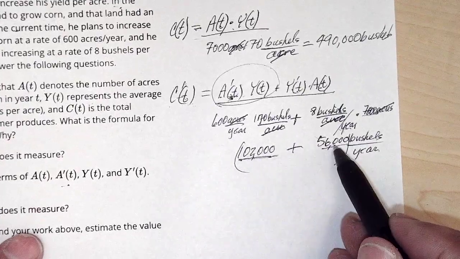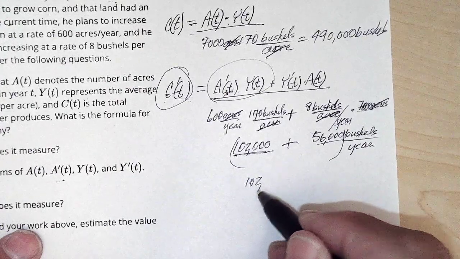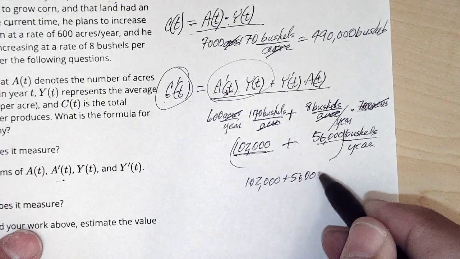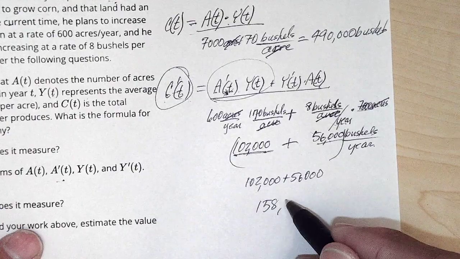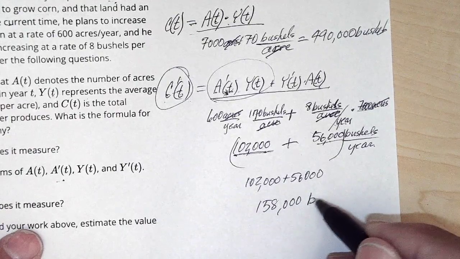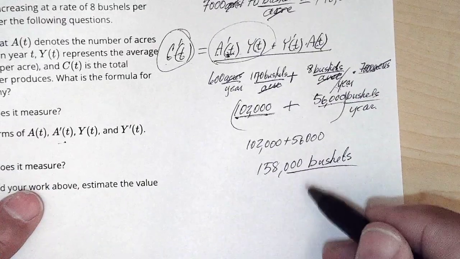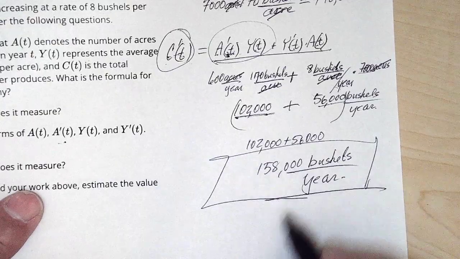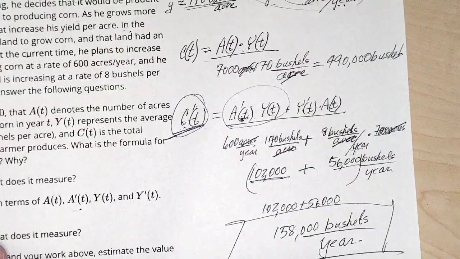So our total increase, the change in the total production, is 102,000 plus 56,000, which is 158,000 bushels per year. That's the increase per year, the change in the total production.